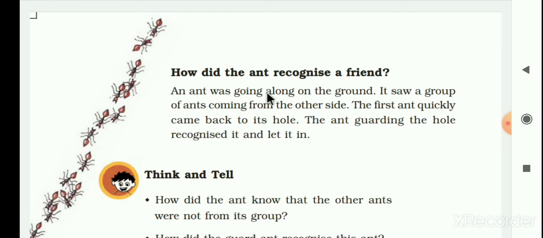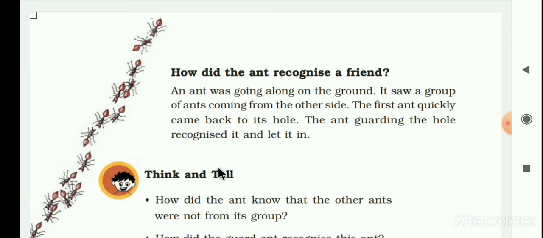The first ant quickly came back to its hole. What did the first ant do? It quickly came back to its hole. The guard ant recognized it and let it in. What did the other ant do? The ant recognized that this is the ant which was missing, and only then it allowed it in its queue.